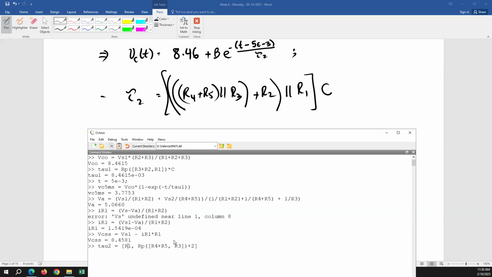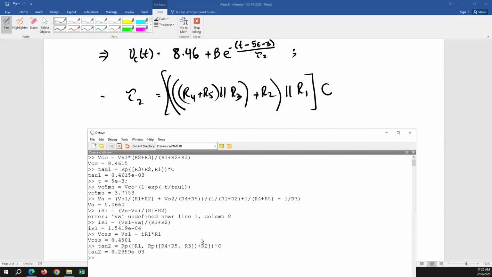R4 parallel with R1, R5 parallel to R3 plus R2, and that's parallel to R1. So that's another parallel here, RP, and that is multiplied by C. So 8.23 millisecond.